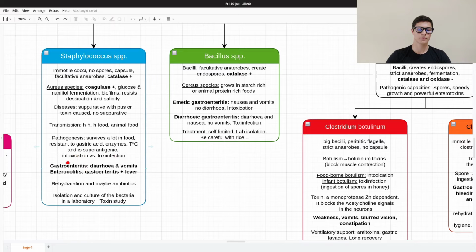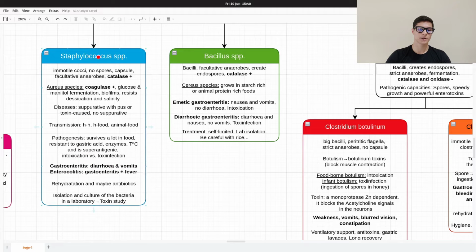And here we have to make a distinction between intoxication, which is poisoning, and toxin infection, which is the infection of the Staphylococcus. If it is toxin-caused, that can lead to gastroenteritis with diarrhea and vomits.